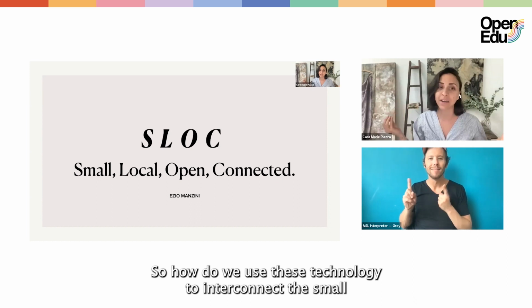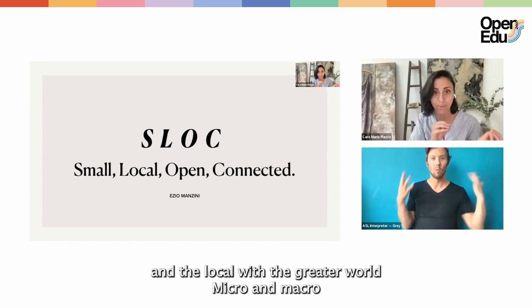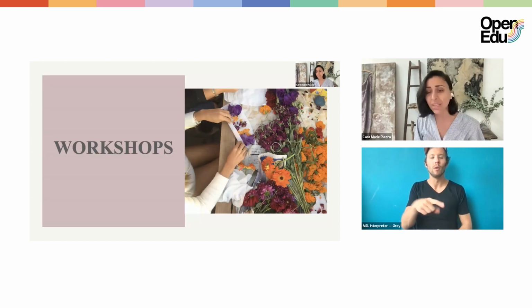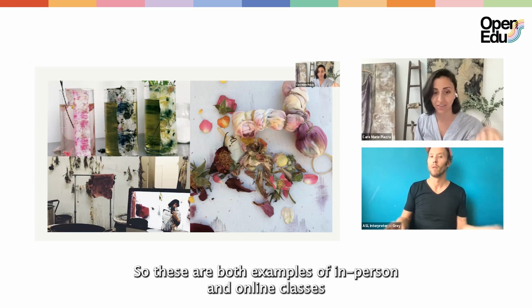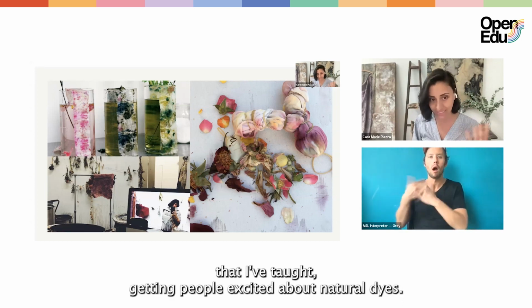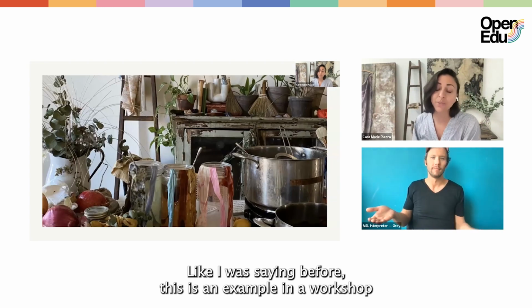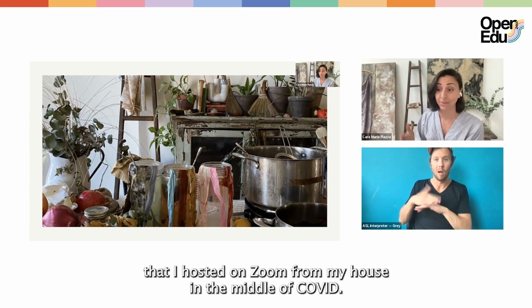So how do we use these technologies to interconnect the small and the local with the greater world, micro to macro? Workshops. These are both examples of in-person and online classes that I've taught, getting people excited about natural dyes, like I was saying before. This is an example of a workshop that I hosted on Zoom from my house in the middle of COVID.